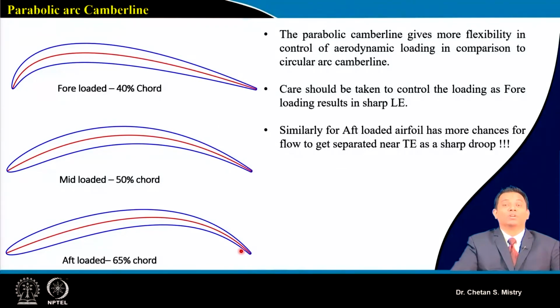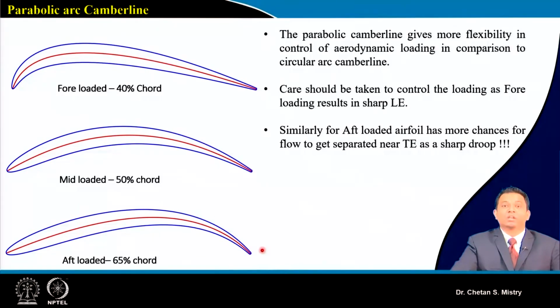So just understand what we were discussing about the circular arc camber line, where we have our circular arc. That is not giving us any flexibility in terms of changing the shape of my aerofoil, or of my blade at a particular station.